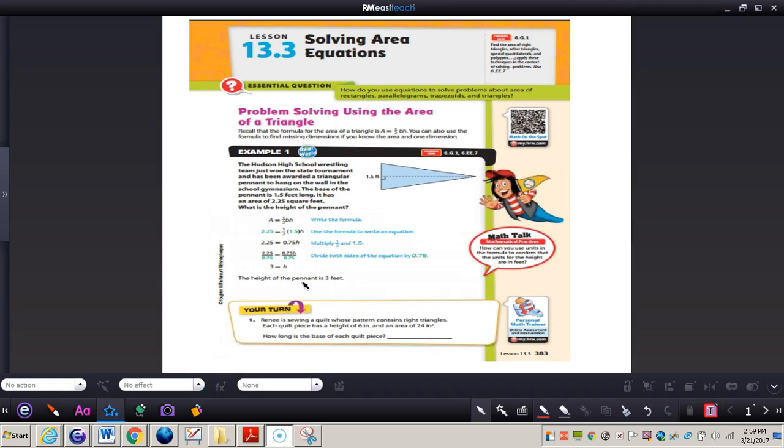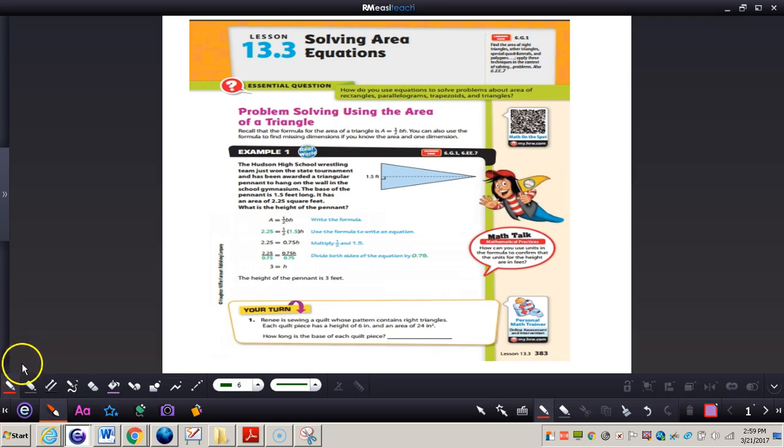Now let's do one together. It says Renee is sewing a quilt whose pattern contains right triangles. Each quilt piece has a height of 6 inches and the area is 24 inches squared. So first of all, let's do this together. You can do this in your math journal. We know that area equals 1/2 times the base times the height.